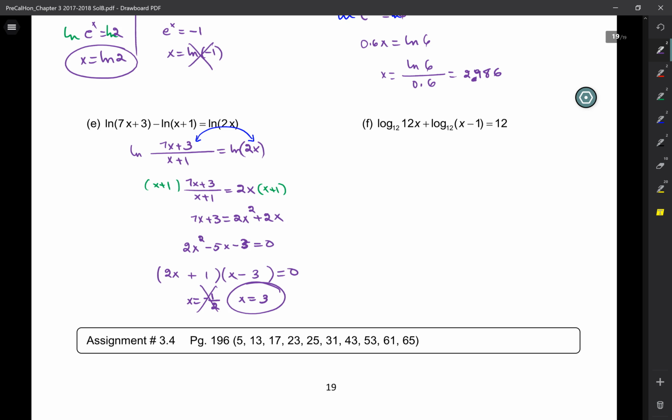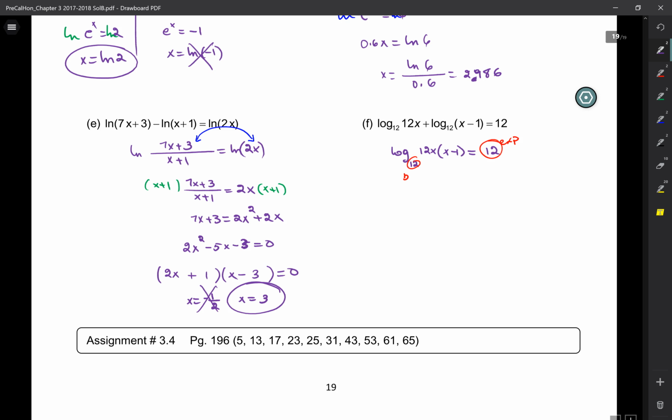So, next one, lots of 12s. So here, log base 12, 12x times x minus 1 equals 12. Where's the exponent? This 12 is the exponent. What's the base?